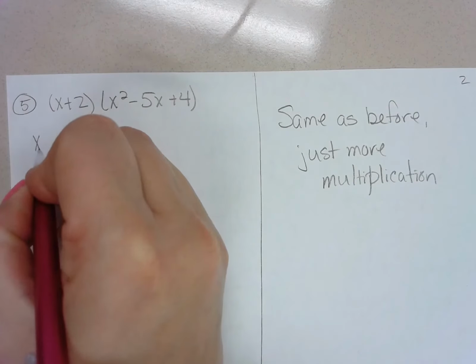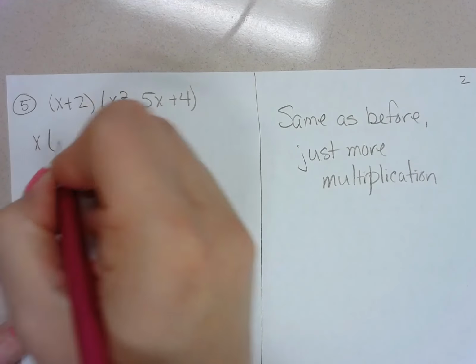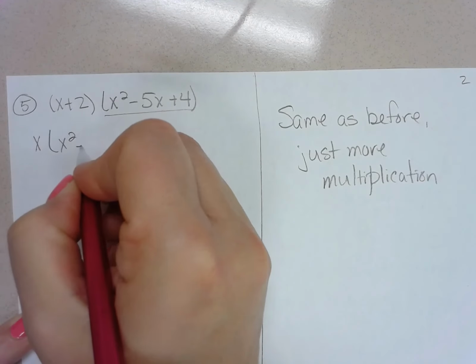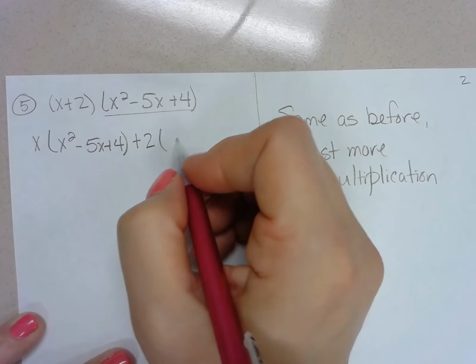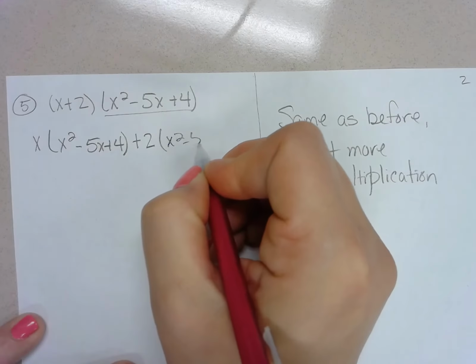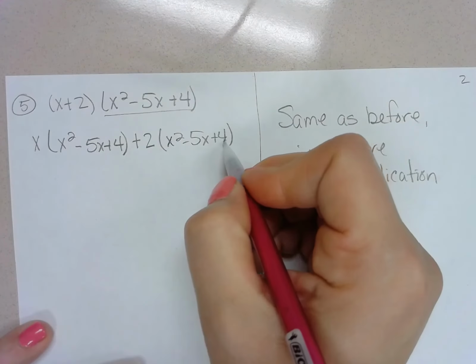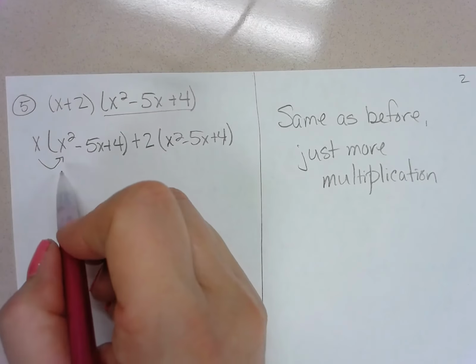We're going to say x, we're going to leave a little more space, and we're going to take a plus 2. And then we're going to take this second set of parentheses, x squared minus 5x plus 4, and we're going to put it behind the positive 2, x squared minus 5x plus 4. And then we're going to distribute. So there's just more multiplication because we've got 3 things in each set of parentheses.